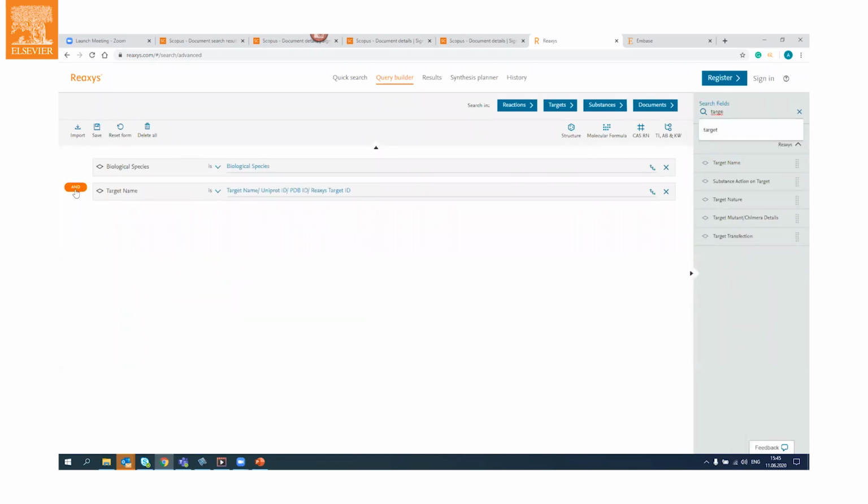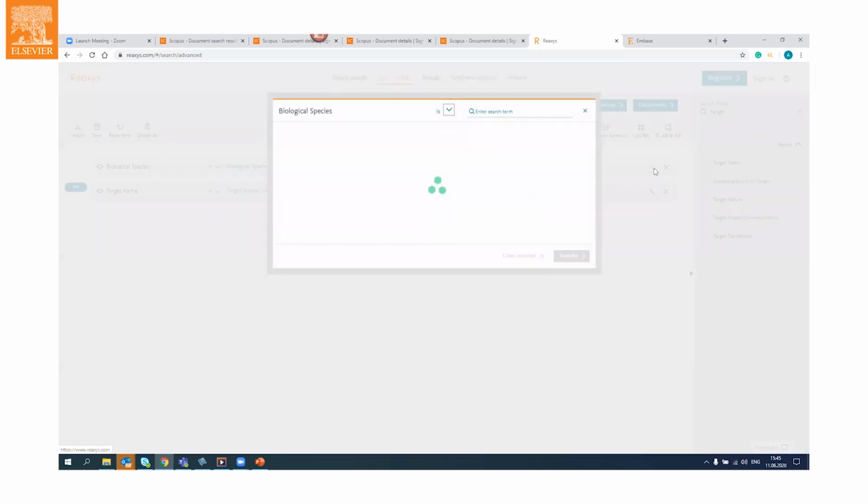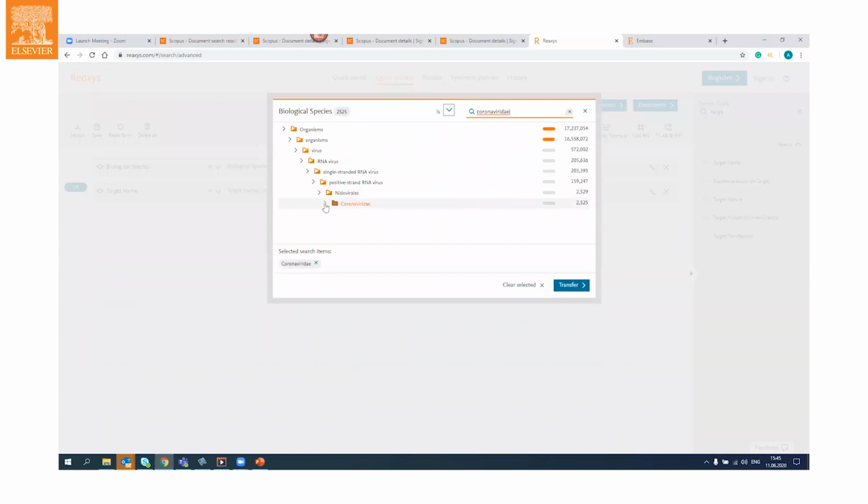I advise you for this particular strategy to use OR. For example, we are interested in coronavirus. Let's select all coronavirinae.